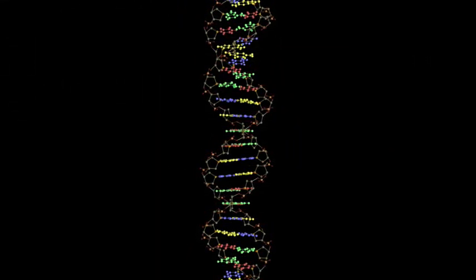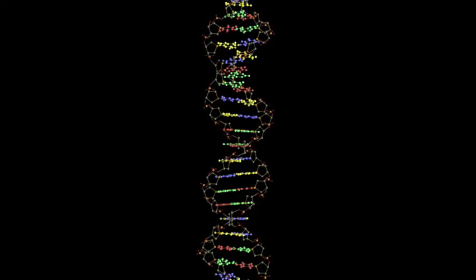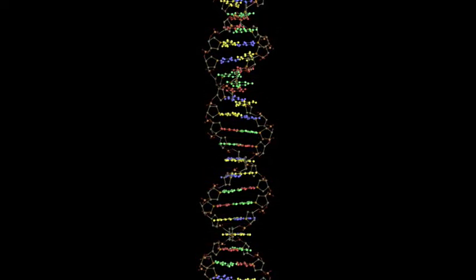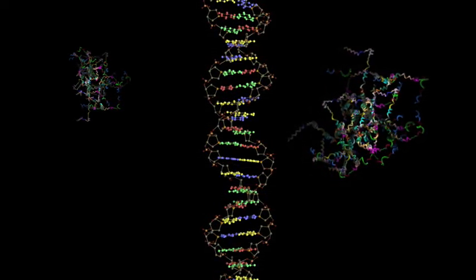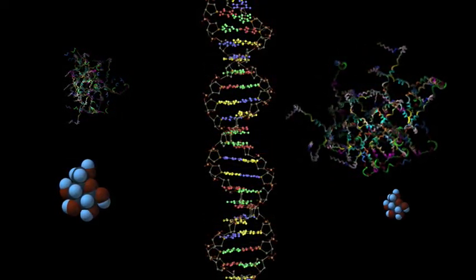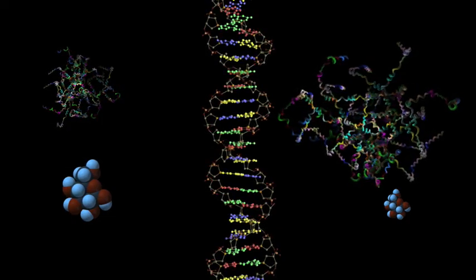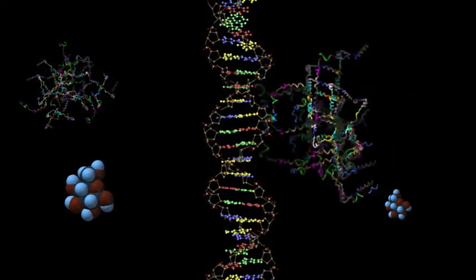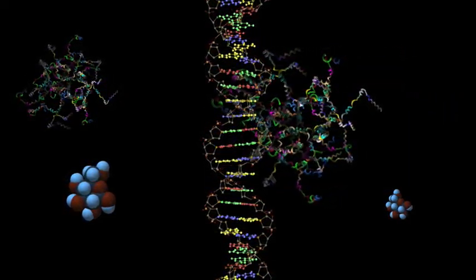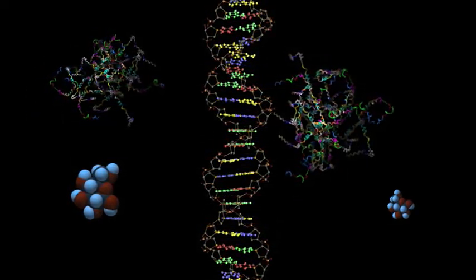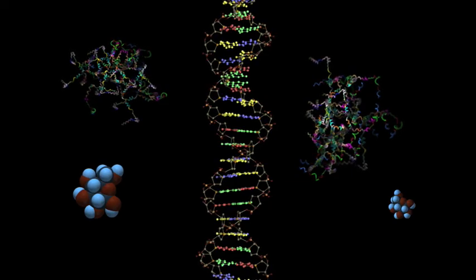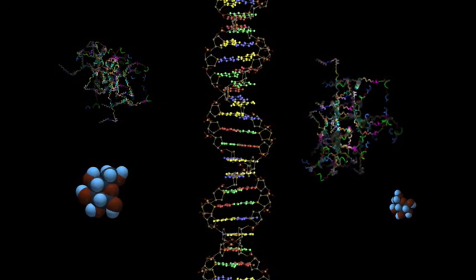Regardless of species, the polynucleotides, like DNA and RNA, polypeptides, like proteins, and polysaccharides, like starches and glucose, are identical. DNA, RNA, and proteins all have the same chemical form in spite of the fact that there are dozens of possibilities that would work.